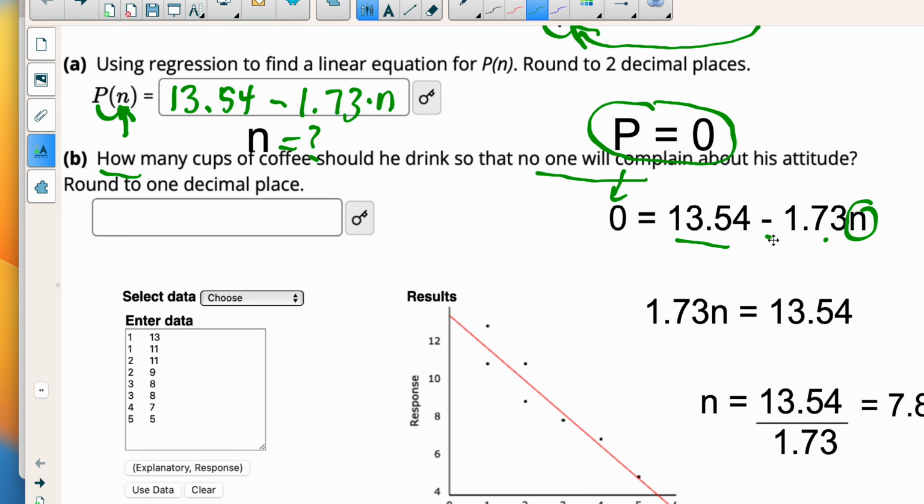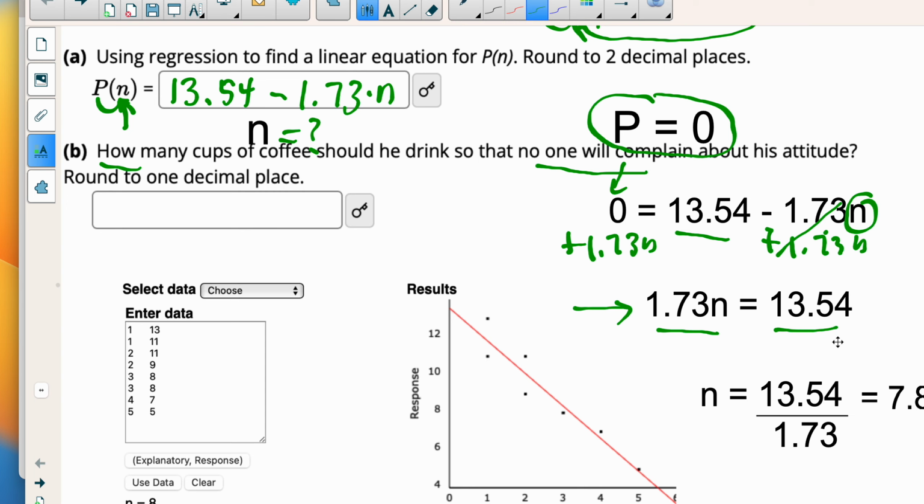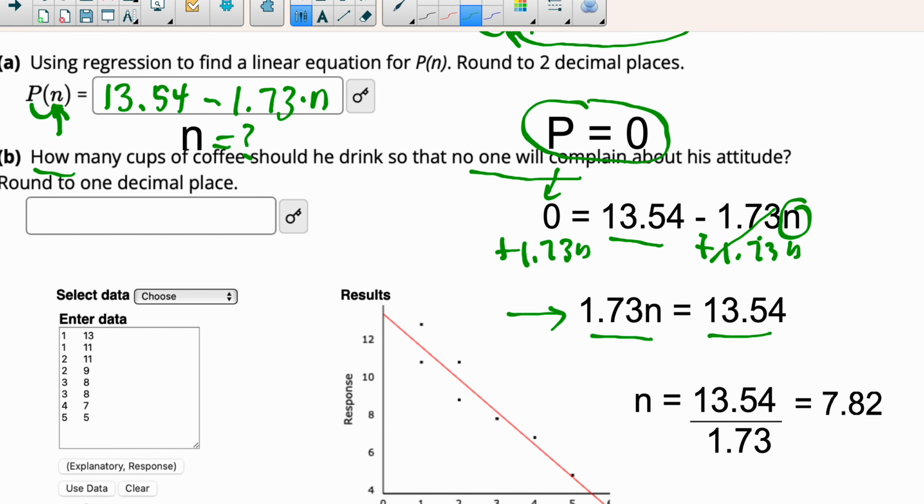Okay, if I add 1.73N to both sides, that gives me 1.73N, and the other side reduces out, so it is equal to 13.54. Now we still need to get N by itself. How are we going to do that? Well, I'm going to divide both sides by 1.73.